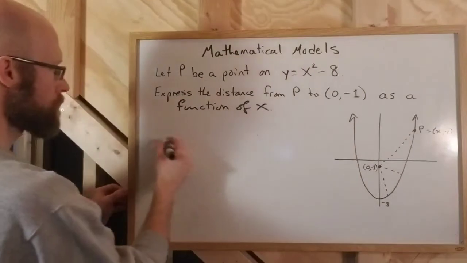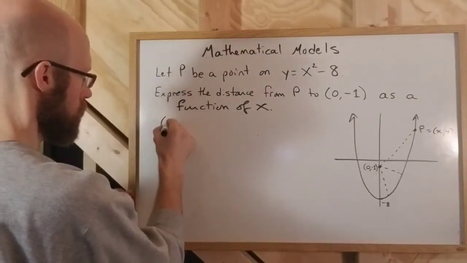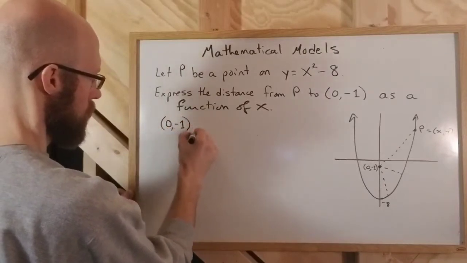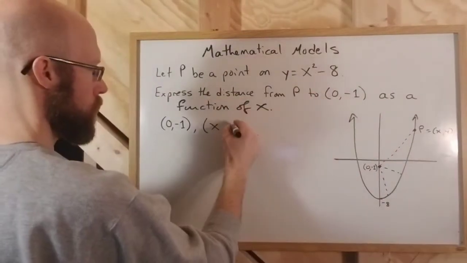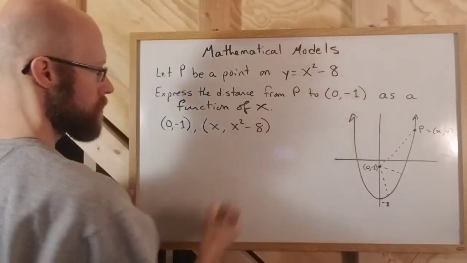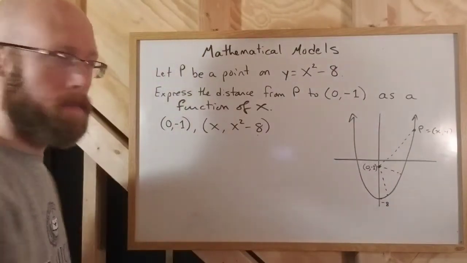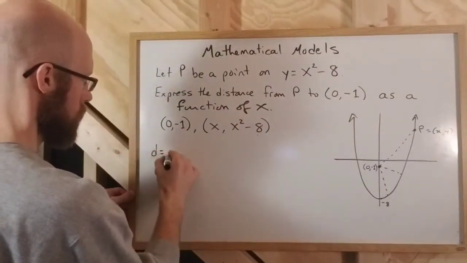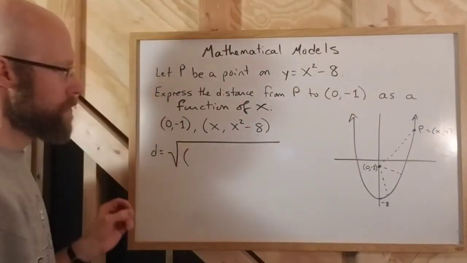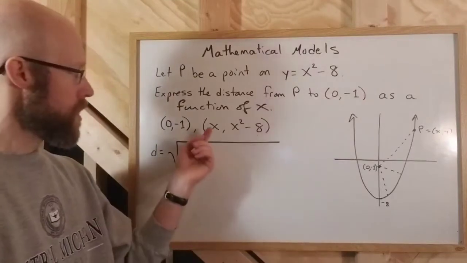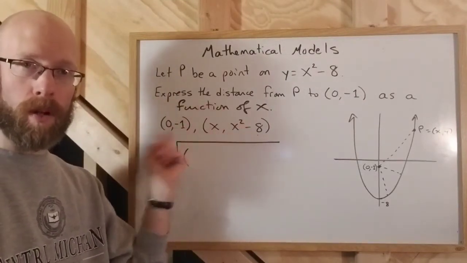Okay, well first of all, we're looking for the ordered pairs 0, -1 and x, instead of xy I'm going to use x squared minus 8 for the y. Alright, so these are my 2 points and I want the distance between them. So my distance is going to be the square root of, now remember the distance is x2 minus x1 squared plus y2 minus y1 squared.